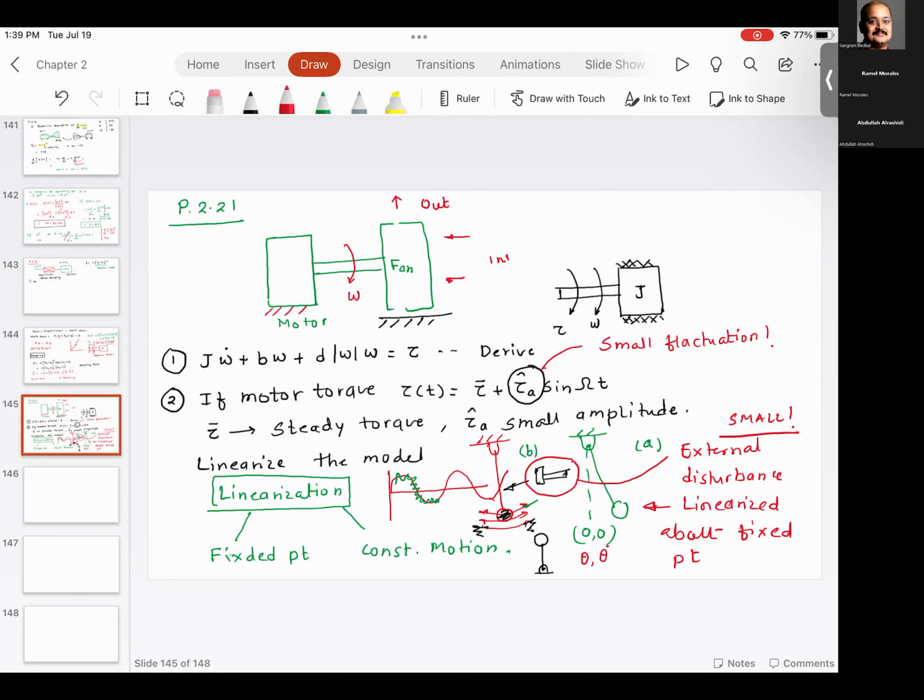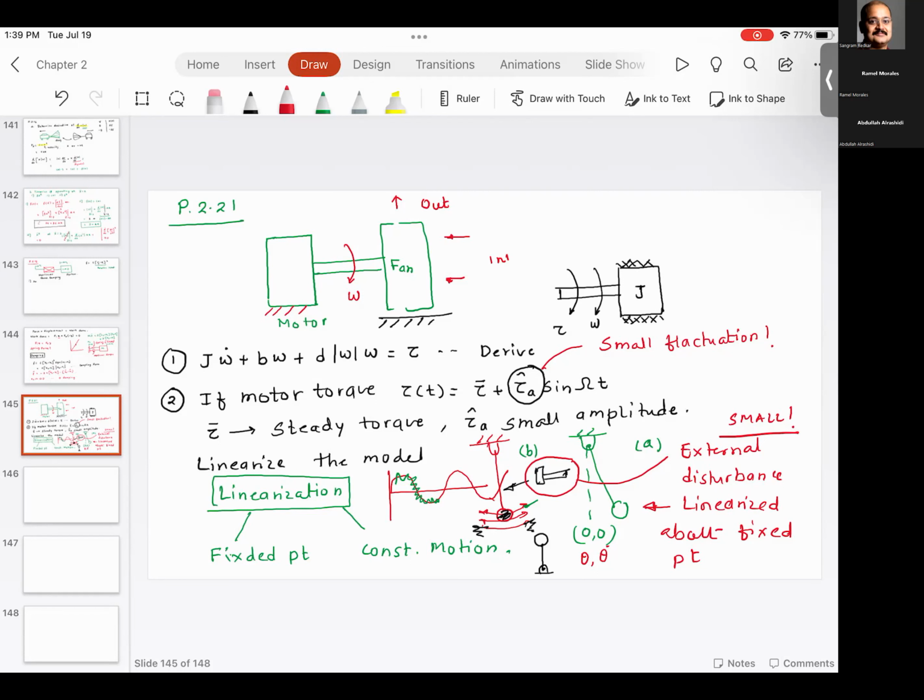So what do we do? What we do is we choose the operating range where the system is operating, perform the linearization, and use linear control techniques, or linear analysis techniques, to analyze it.